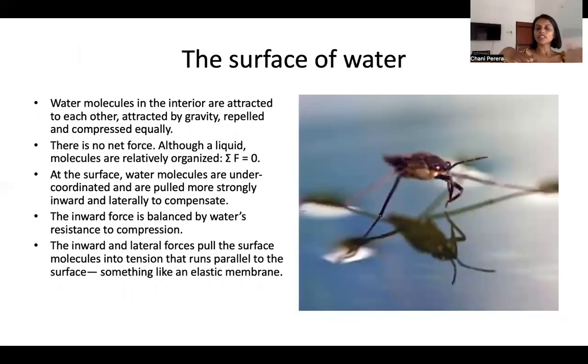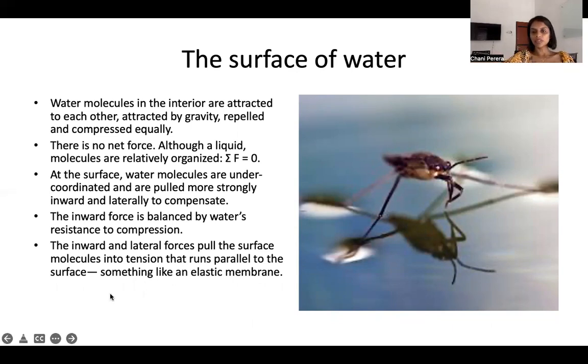So this is a common phenomenon, the surface of water, which is abundantly available. So here's an example. Here's an insect floating, or balancing, on the water. We know if we try to step on water, what will happen? We will go down, we will sink. But here, it is floating on it.